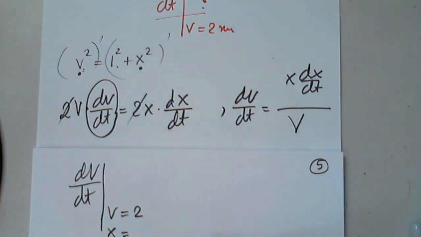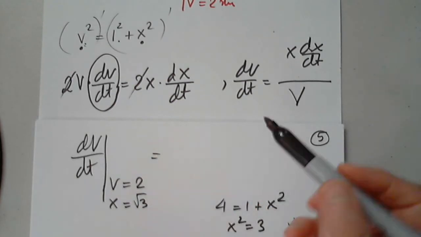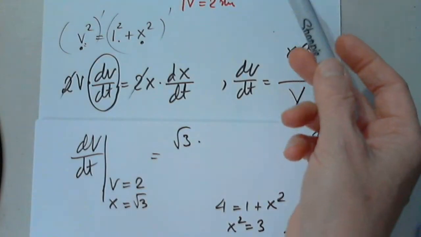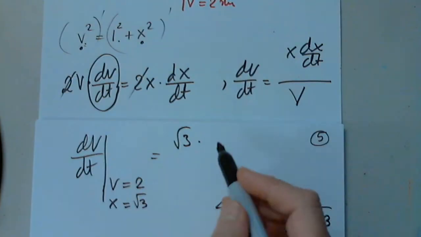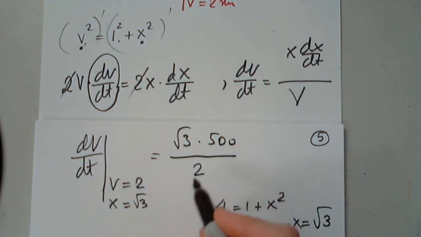So 4 equals 1 plus x squared, or x squared equals 3. And of course, I can only use the square root of 3, not the plus or minus. So I have everything. I have x, square root of 3. I have dx over dt, given to us as 500. And v is given to us as 2.